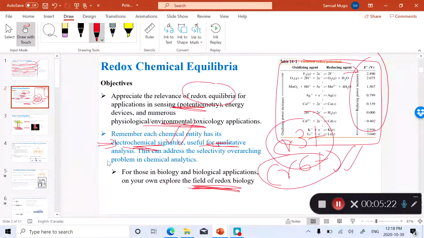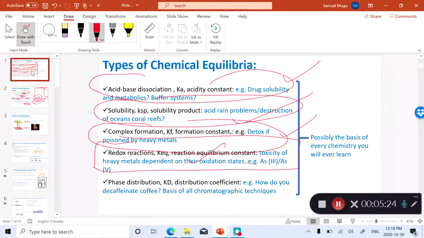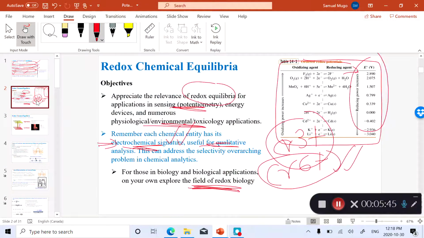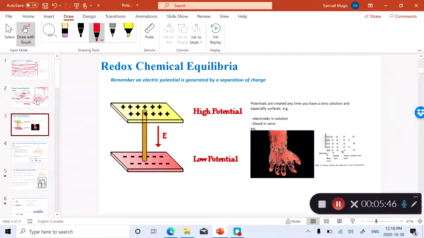And so among all the different types of equilibria that we've talked about, I would say in the environment and in physiological applications, maybe redox and pH are the most relevant of those chemical equilibria. And as such, I'd like you to pay close attention to the relevance of redox equilibrium.